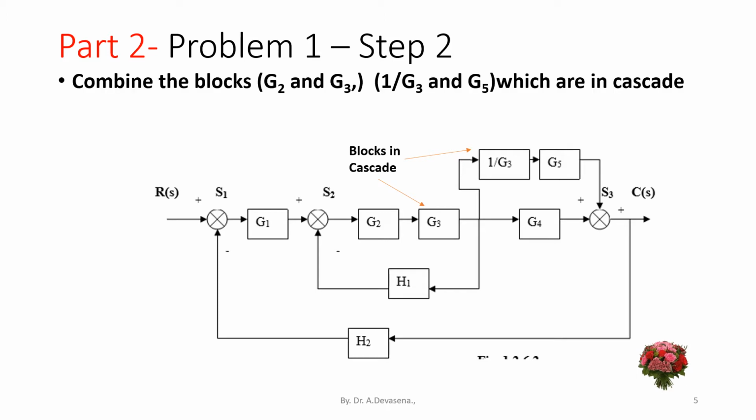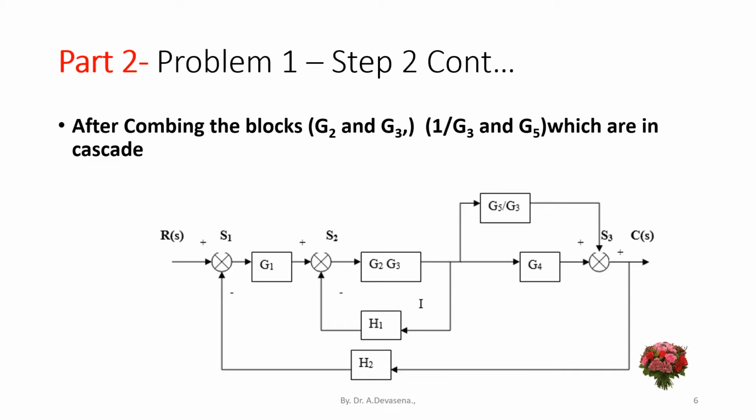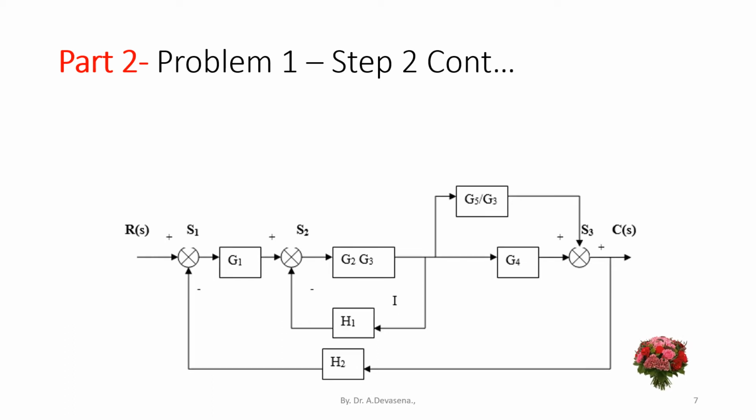Now we have to combine the blocks G2 and G3 as well as 1 by G3 and G5 which are in cascade. It is indicated in this diagram. After combining the blocks G2, G3 which are in cascade as well as G5 by G3 which are in cascade, we have the block diagram like this.